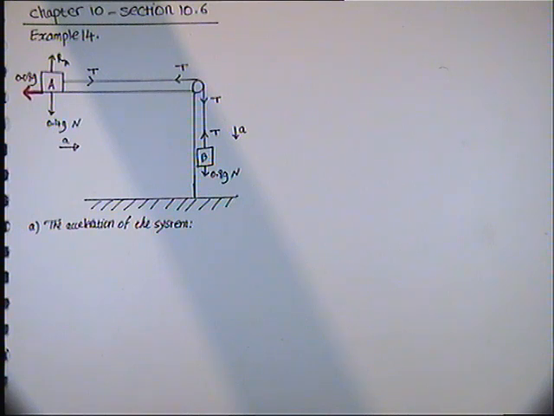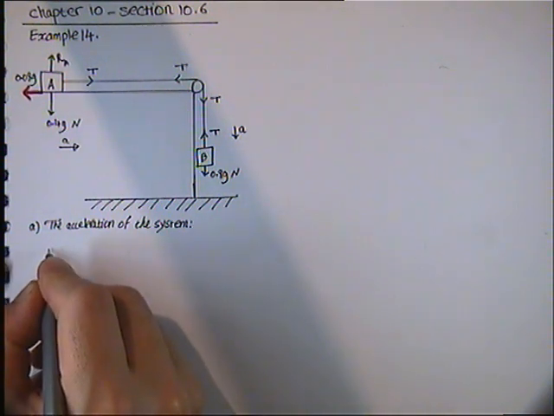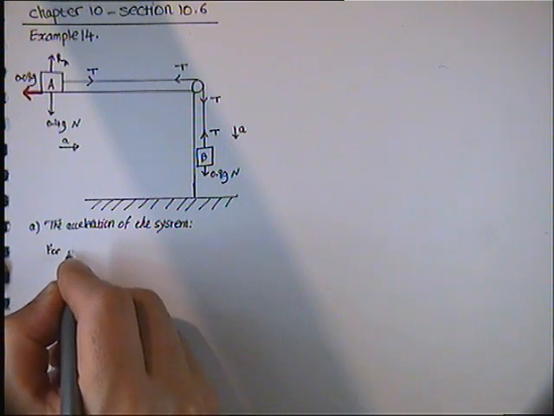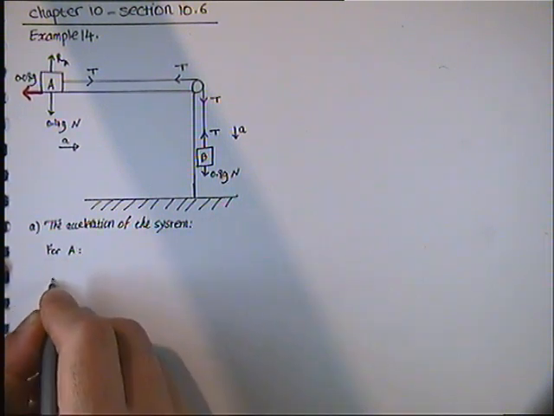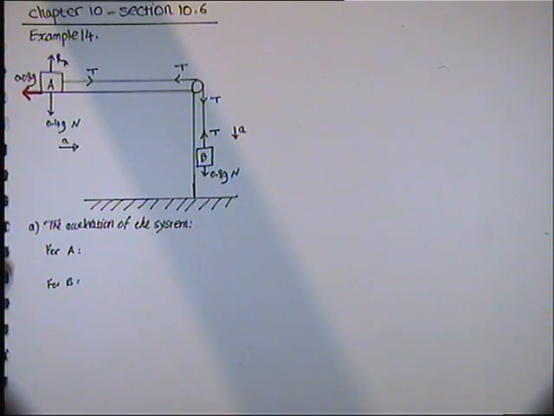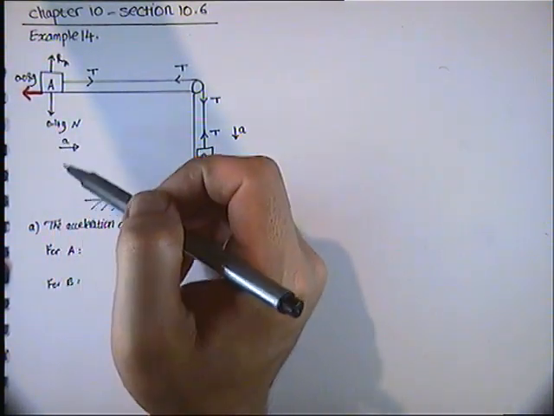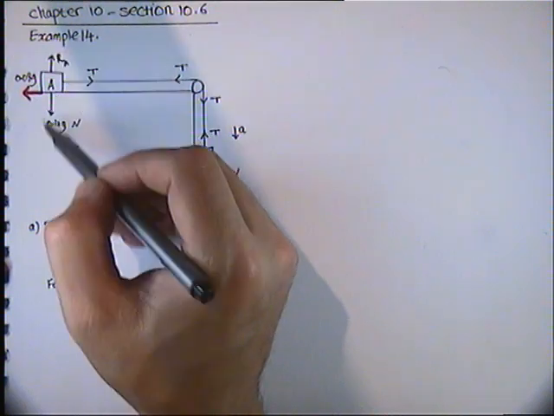To find the acceleration for the system, we need to write down two equations, one for A and one for B. For A, we really don't need the reaction force and 0.4g Newton at all because the particle is not moving up or down.